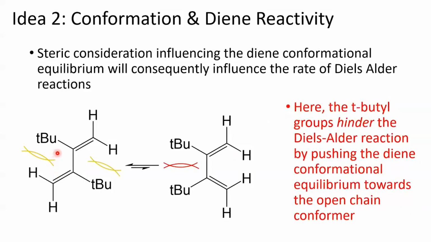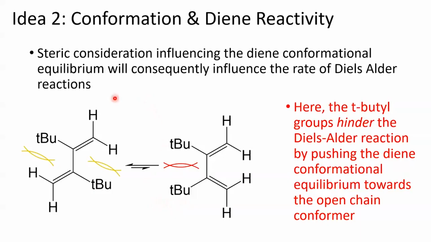Now, conversely, we have 2 bulky tert-butyl groups on our butadiene backbone. All of a sudden, we've flipped our reactivity. We do still have these small steric clashes in the open chain form, but if our butadiene adopts the cissoid conformation, all of a sudden we have a very strong steric clash between our 2 tert-butyl groups.